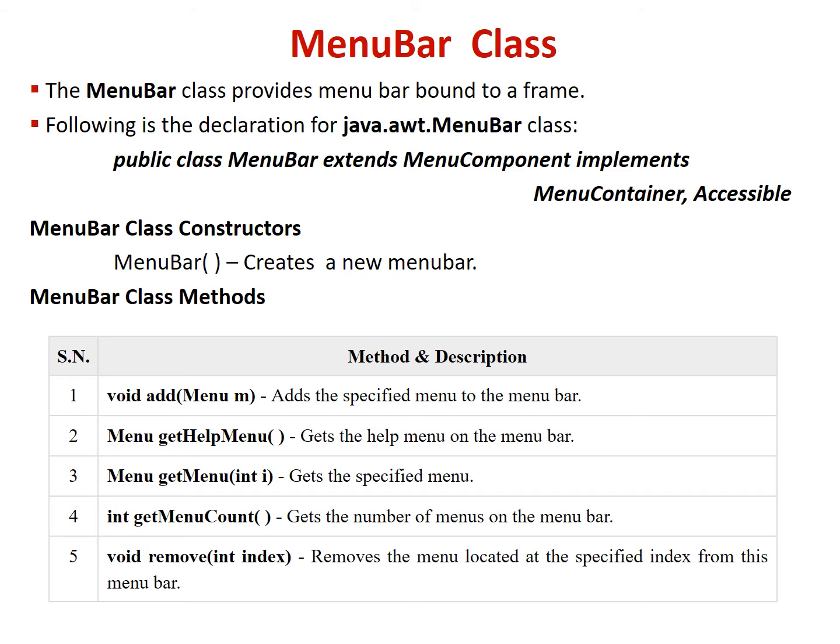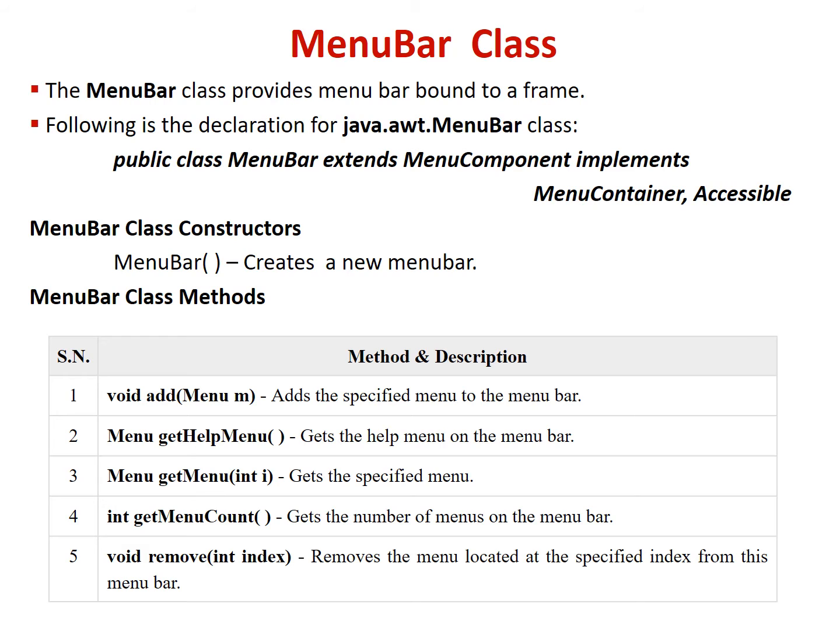Now some methods from the menu bar class. The first method is void add(Menu m). This method adds the specified menu to the menu bar. Next is getHelpMenu, which returns the menu type, that is, gets the help menu on the menu bar. After this, getMenu(int i).